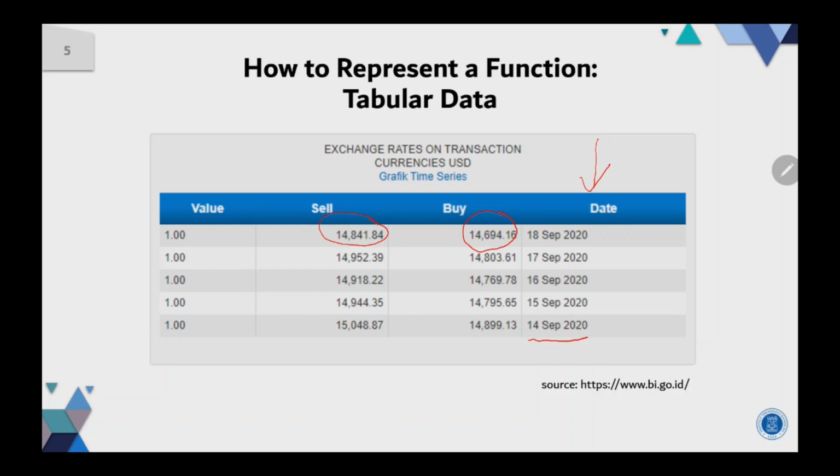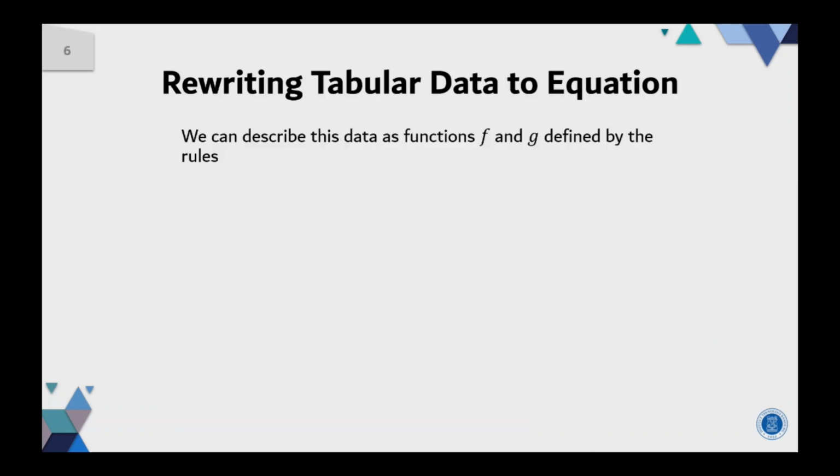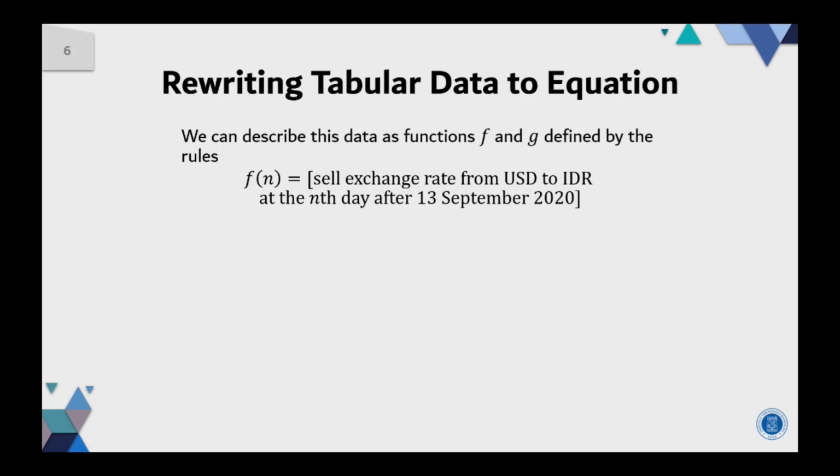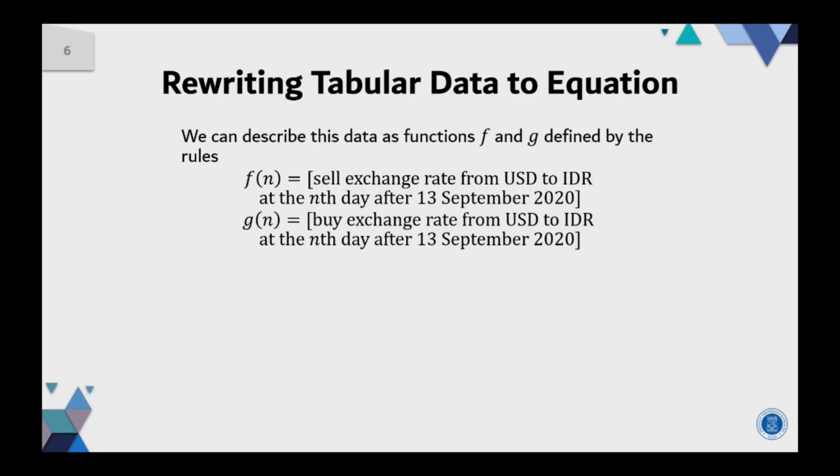So we can have this first function, and then we also have the second function, which we can call G(n), or you can use any other name for the function. Here n is the independent variable, so all the values in the domain, and we can see f(1) is equal to this one, and so on.